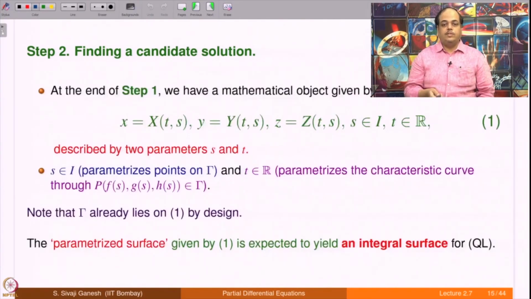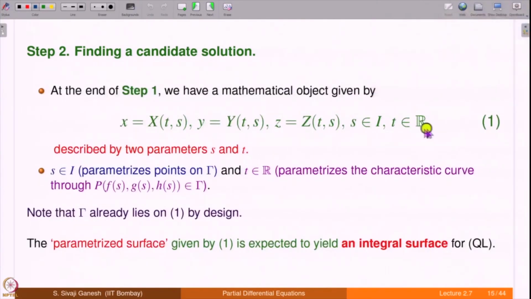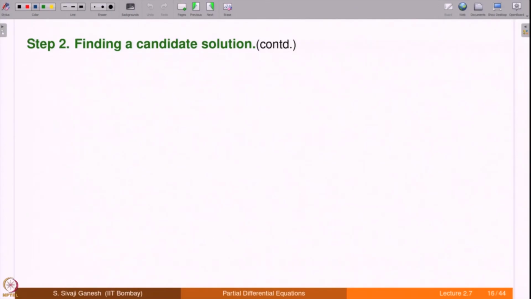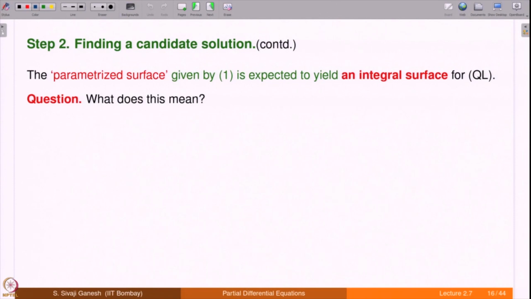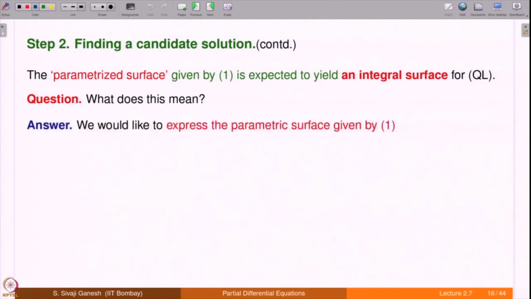But this is described using parameters t and s. Now, we need to write it as z equal to u(x,y). So, what does this mean? It means that we would like to express the parametric surface given by (1) in this form z equal to u(x,y), for some function u.